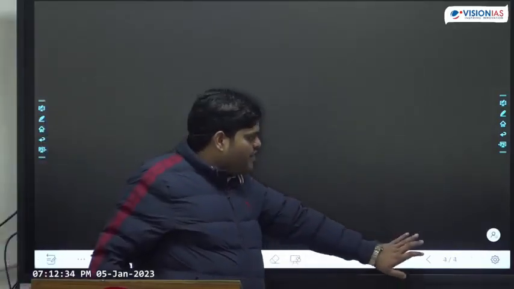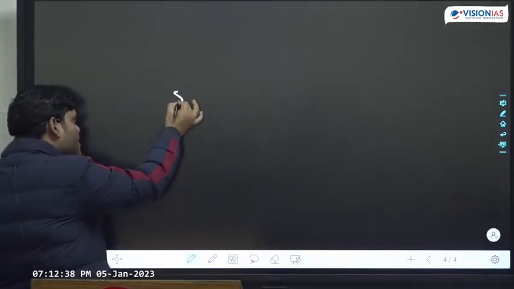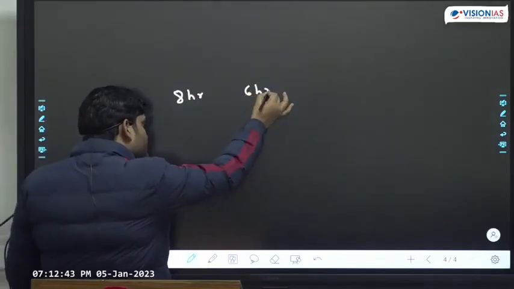Okay. How can we solve this question? The question has two candles of the same length. One is consumed in 8 hours, the other one is consumed in 6 hours.